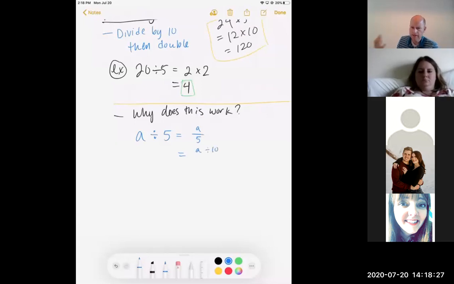And I can't just put in a divide by 10. I need to compensate for it. So I need to do a times 10. So I still have my 5 under there. I can divide and multiply by 10. That doesn't change anything, right?